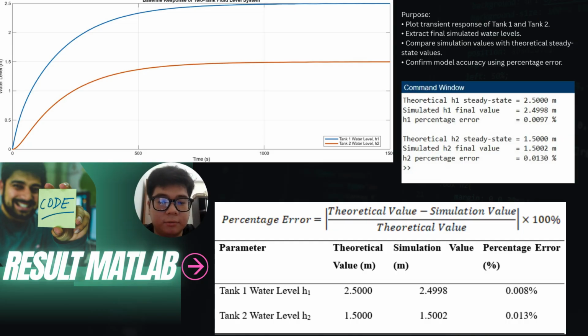From the command window, the theoretical H1 is 2.5 and the simulated H1 is 2.4998, and the theoretical H2 is 1.5 and the simulated H2 is 1.5002. Both percentage errors between theoretical and simulated values are very low, below 0.02, so it is verified.